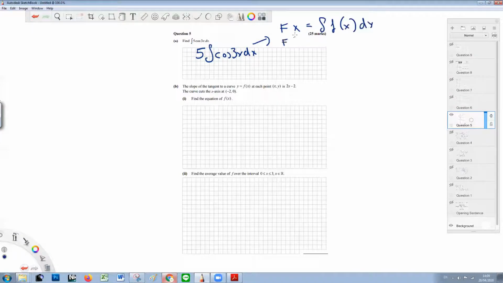But if you have f of ax plus b, it's going to be 1 over a, the integral of f of ax plus b dx. So in that regard, we're going to take a third outside.